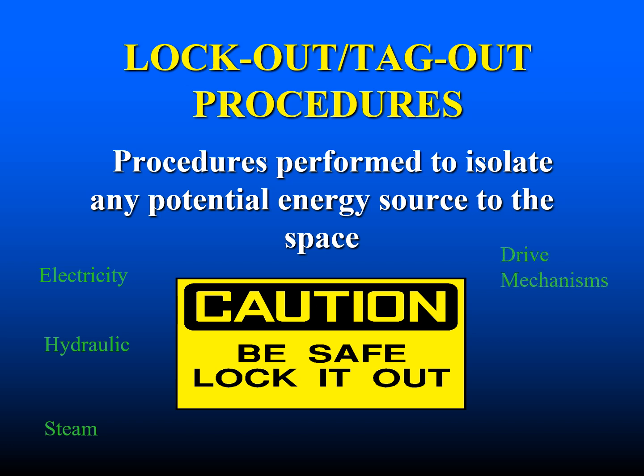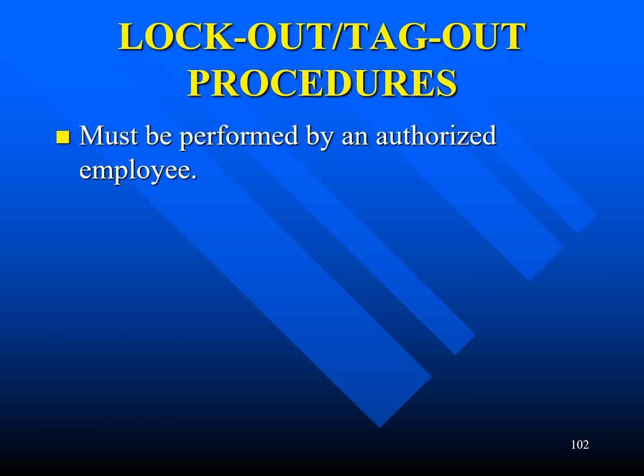We can lock out, tag out drive mechanisms, and we can lock out, tag out pneumatic devices, and we can lock out, tag out the gravity flow of a product. The lockout-tagout procedures must be performed by an authorized employee.